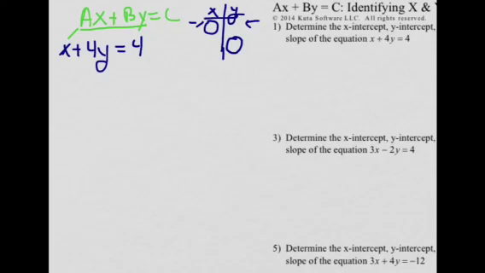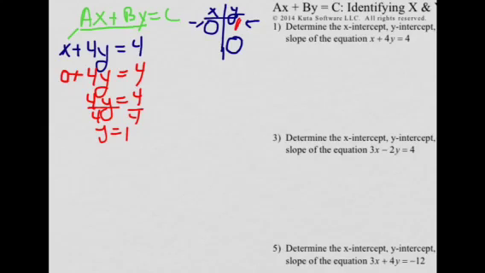Where I see an x, I put a 0, so 0 plus 4y equals 4. Well, 0 plus 4y is simply 4y equals 4. Divide both sides by 4, and y equals 1. And there we have 1 as our y-intercept.